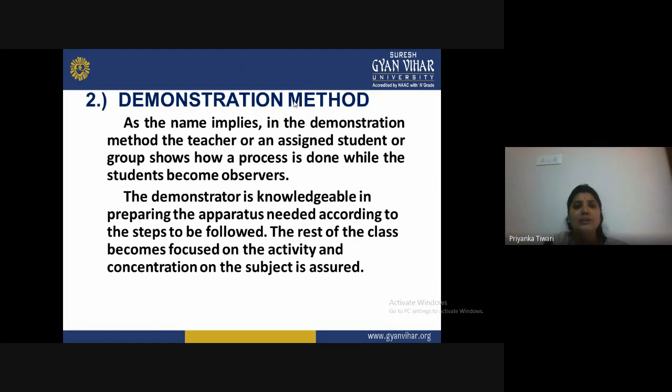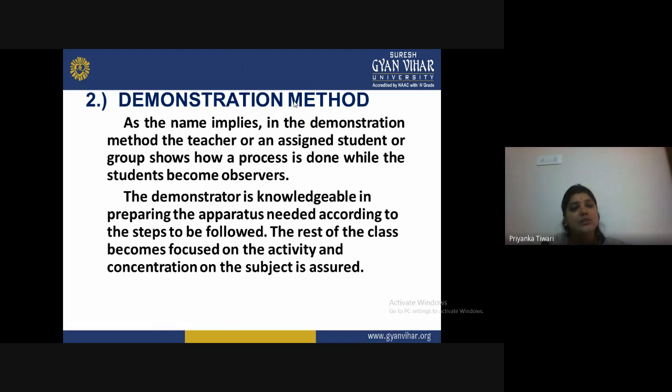So now we are moving on to the demonstration method. The demonstration method is very important because we are demonstrating the lesson. The demonstration method is, as the name implies, in the demonstration method, a teacher or an assigned student or group shows how the process is done, while the students become observers.